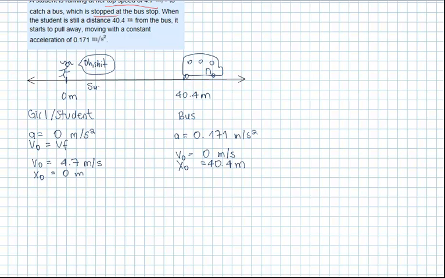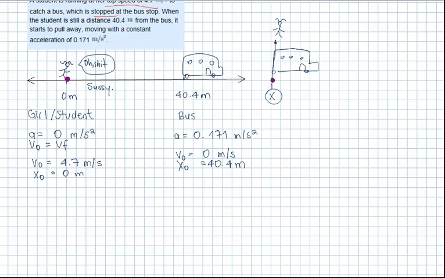How long does Susie have to run to get to the bus? Basically, we want to get Susie from a point here to the point where Susie is at the same point as the bus. This is the same point, and we can call it x final.